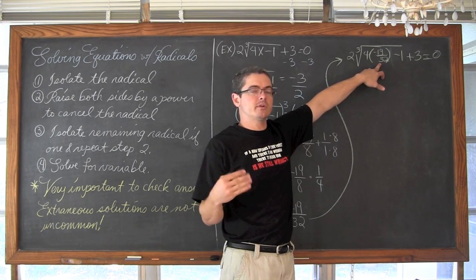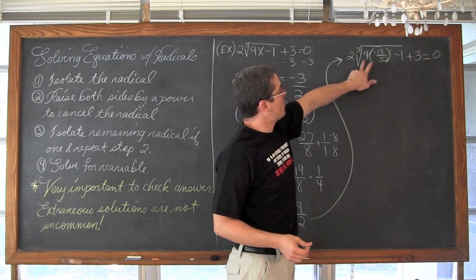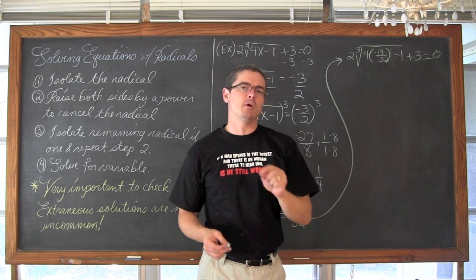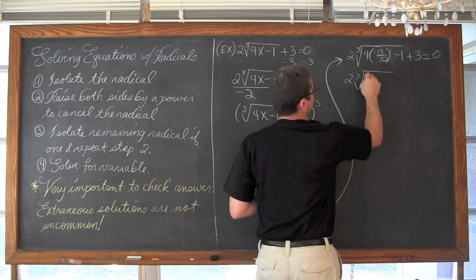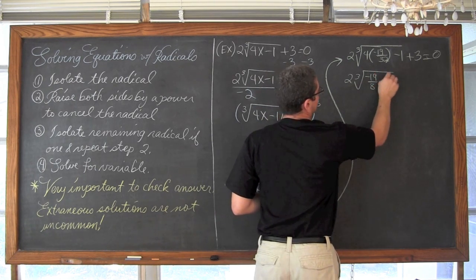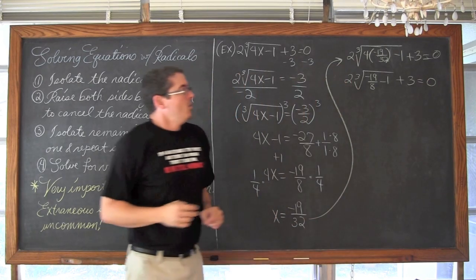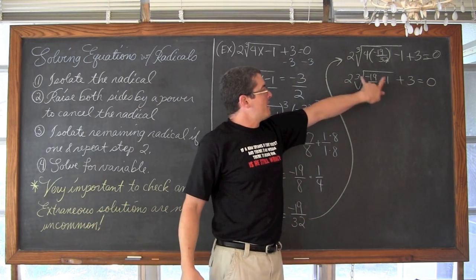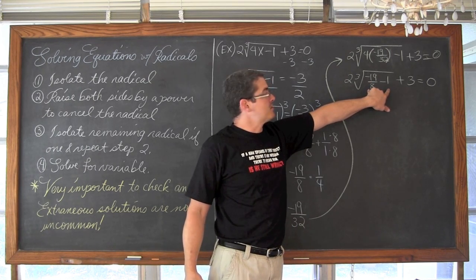Now there's, of course, 32 divided by 4 is equal to 8. So the 4 and the 32 are going to cancel out to be 1 over 8. And we get 2 times the cube root of negative 19 over 8 minus 1 plus 3 equals 0. We need to work out this cube root, but I think we're going to need to simplify these two fractions underneath the radical first.